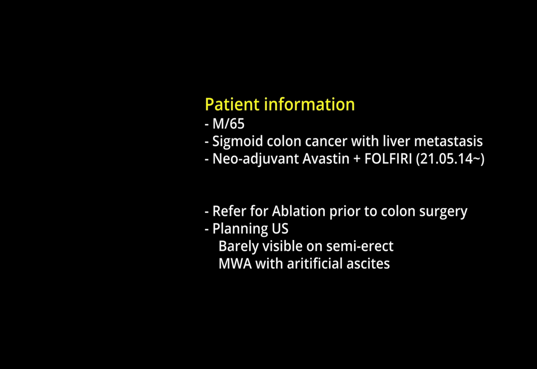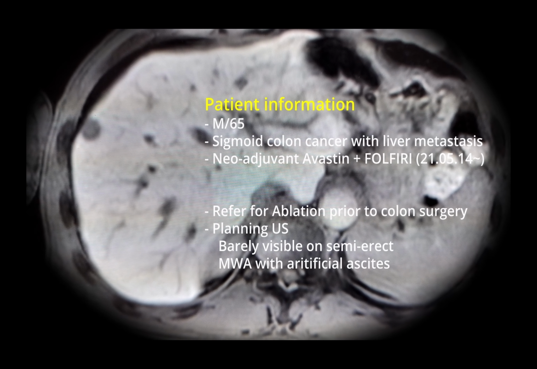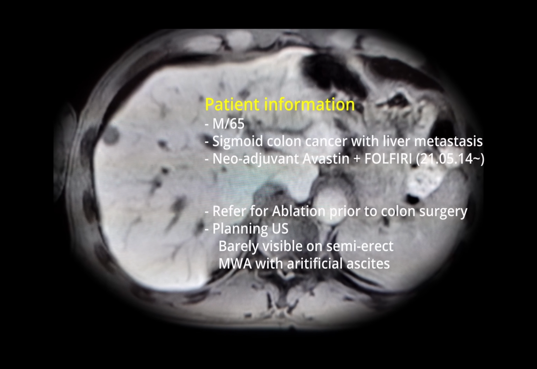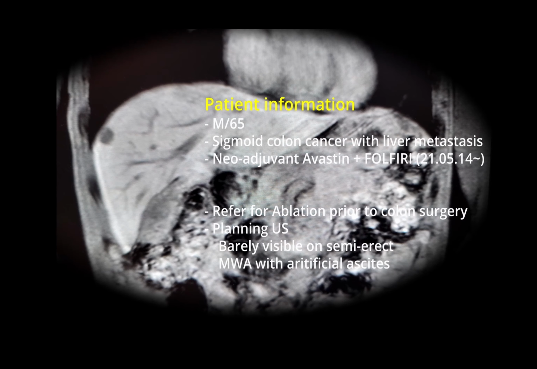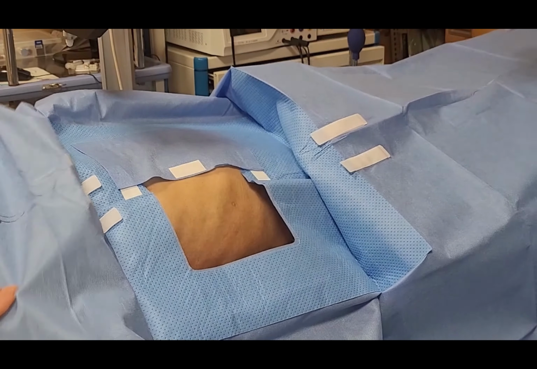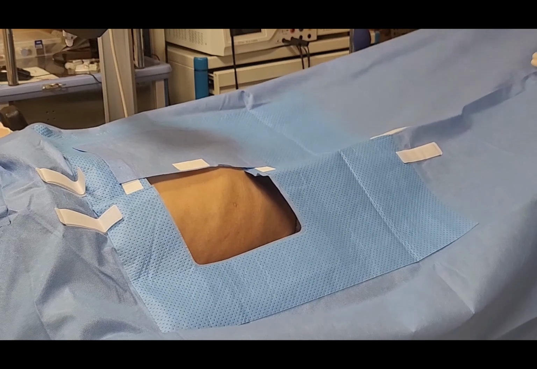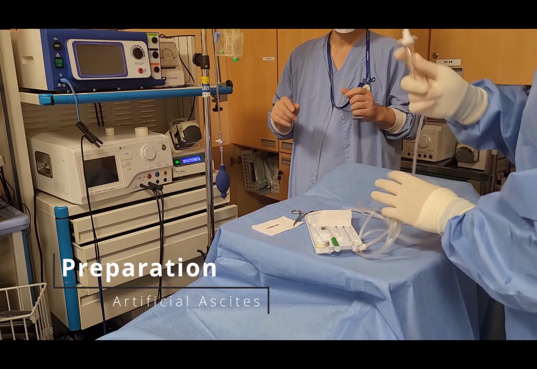Microwave ablation with artificial ascites. This is a small 1 centimeter metastatic tumor in subcapsular segment 8, very close to the CP angle. This is how to prepare artificial ascites for hepatic dome lesion.